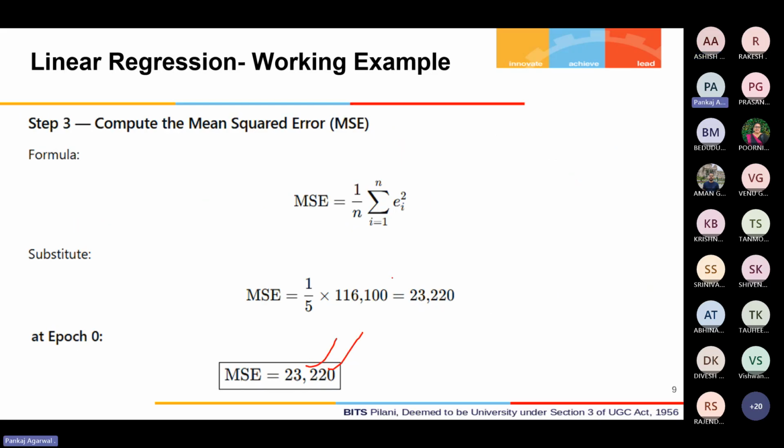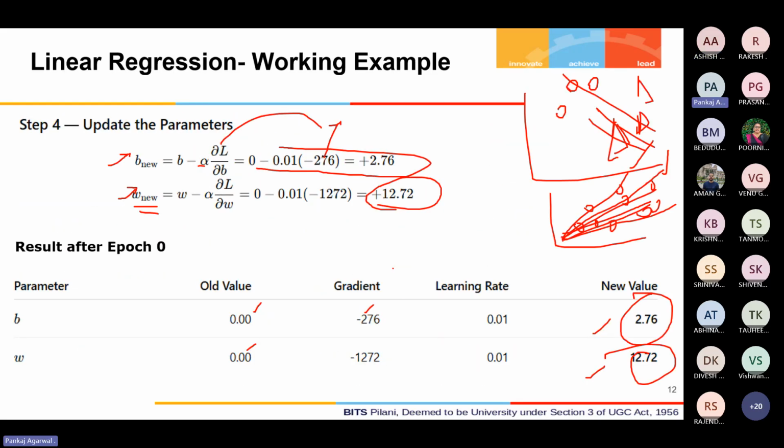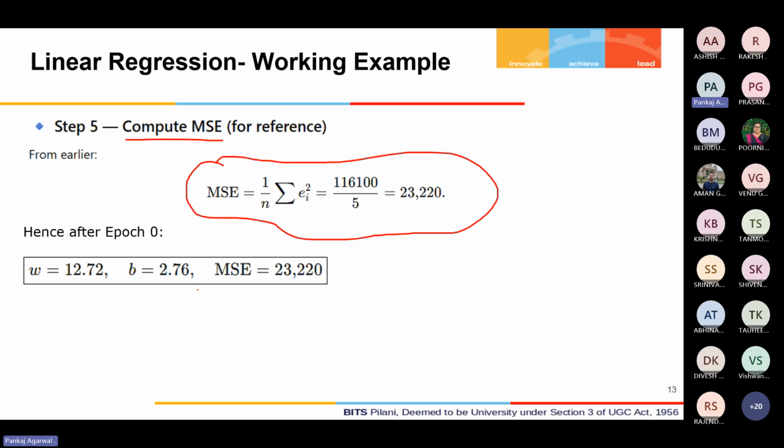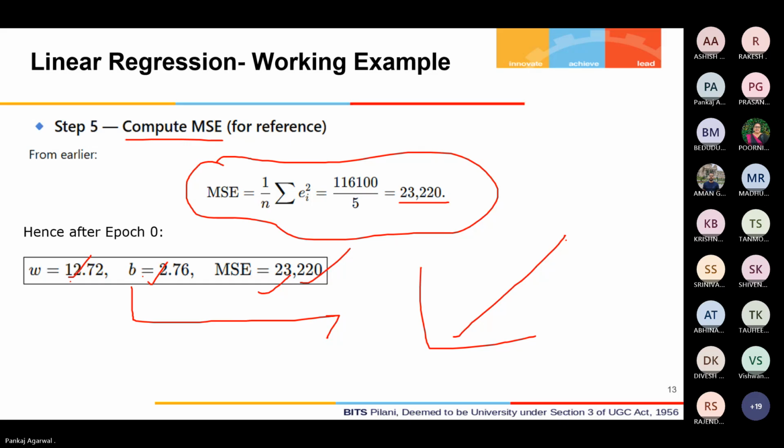You got my point? Now, after one iteration, after epoch 0, this was the MSE that I calculated, and these are the weight and the bias I've calculated, right? This calculation corresponds to one regression line that I have developed. Agreed or not?